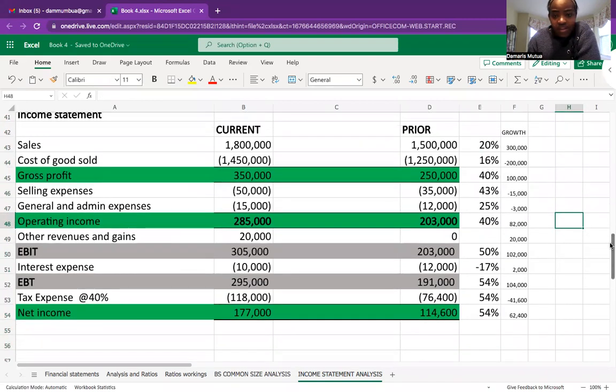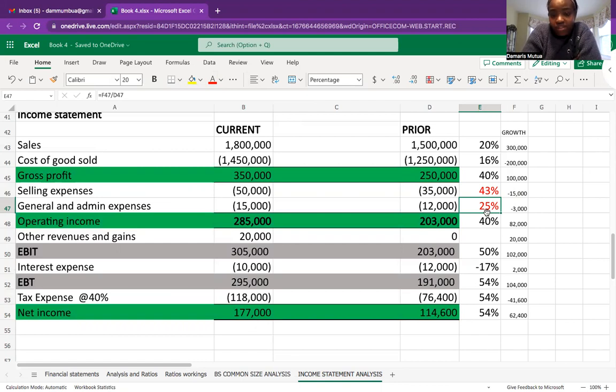So our sales have grown by 20%, our COG by 16%, our gross profit by 40%, selling expenses by 43%. It's a big growth. Our general expenses by 25%. So these are two red flags. You need to dig deeper. You need to understand: if our sales are growing by 20%, why do we have expenses growing with a higher percentage?